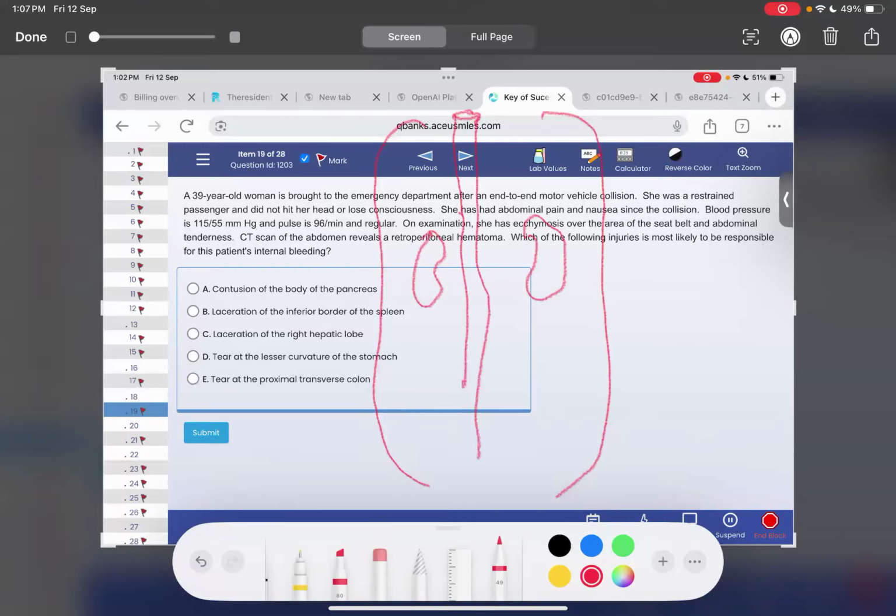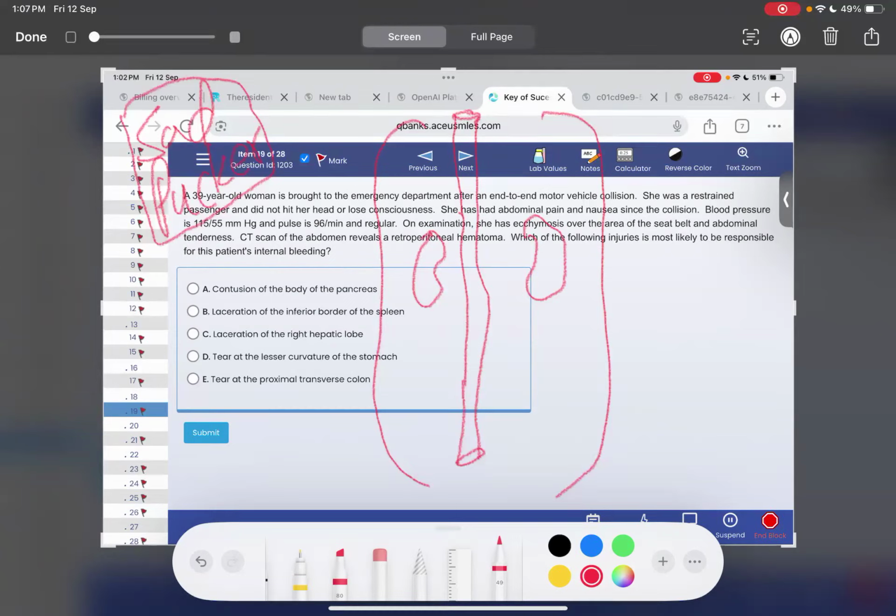Is the inferior vena cava intraperitoneal or retroperitoneal? It's retroperitoneal.